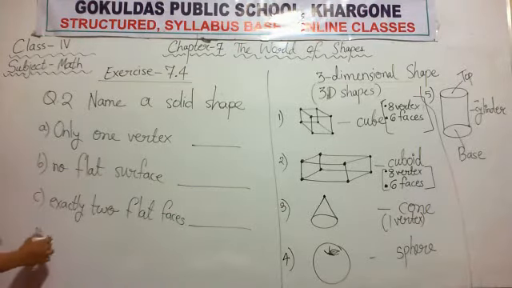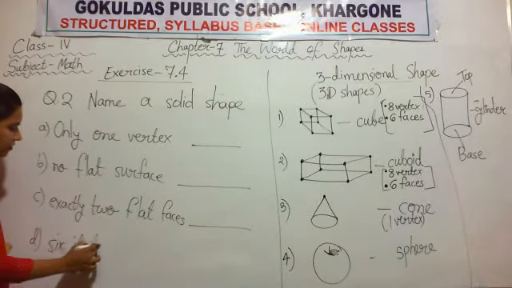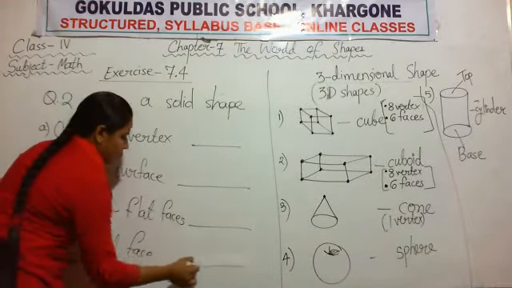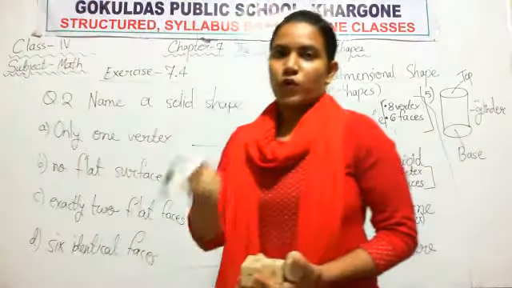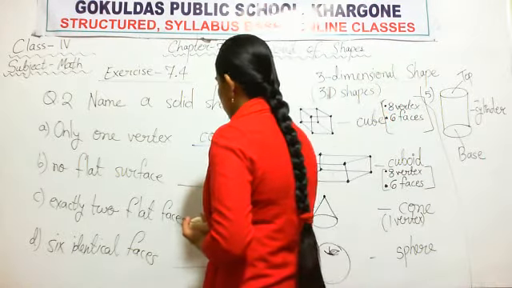Last one, 6 identical faces. So, cone has only one vertex. So, I will write cone here.